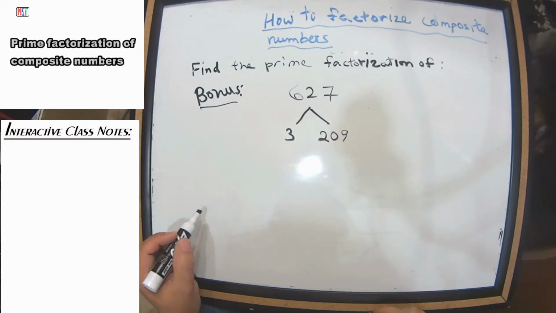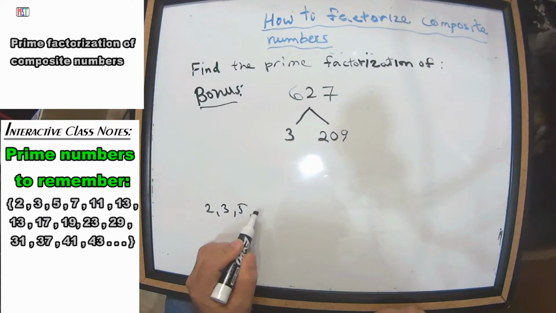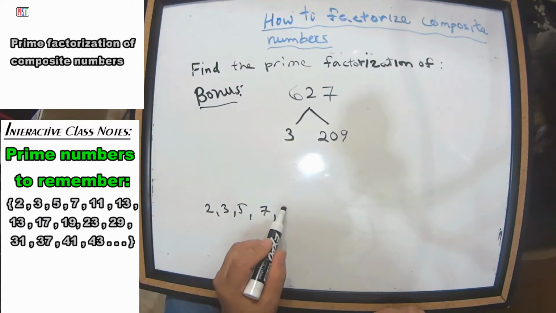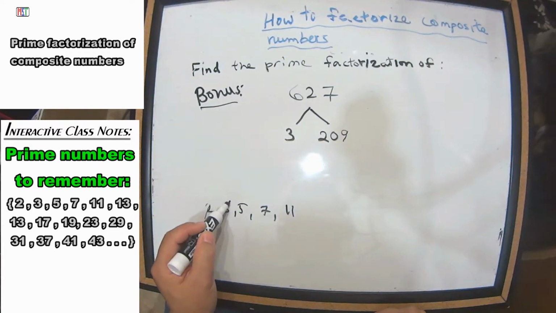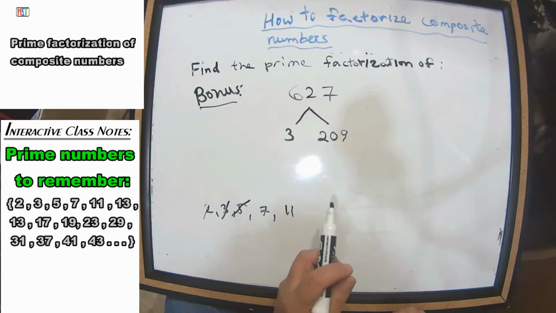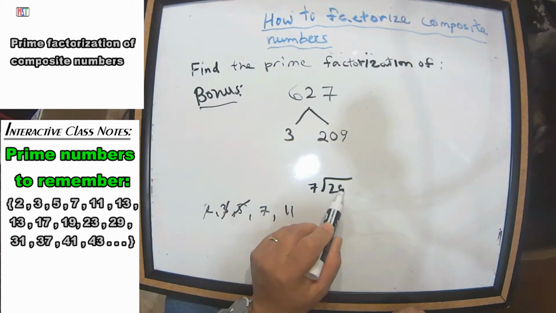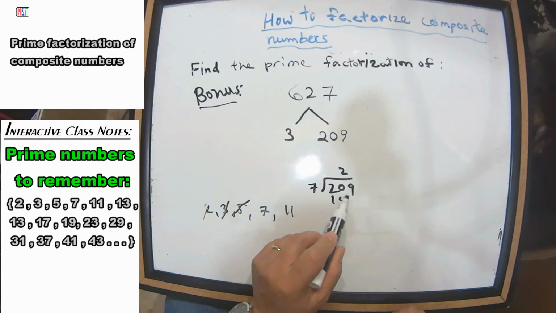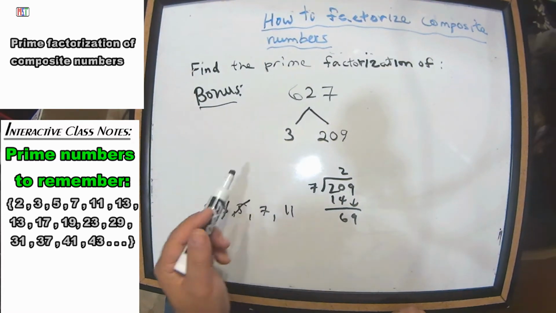What about other prime numbers? Well, remember we have 2, 3, 5, 7, and 11, right? Definitely not 2, and we just said that 3 is not. 5 definitely not. 7, let's see, 7 goes into 20 twice, and then you have... okay, 7 cannot get into 69, so it cannot be 7.